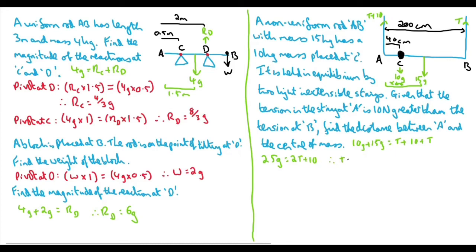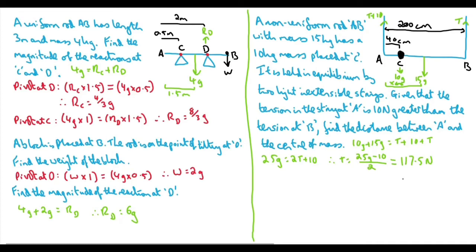Therefore, T is going to equal 25G minus 10 over 2, which is 12.5G minus 5, or as a single decimal value, if you put that in the calculator, 117.5 newtons.